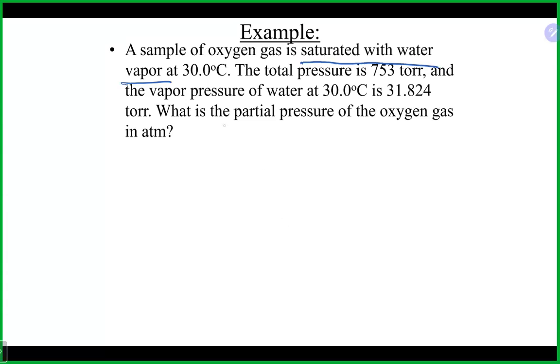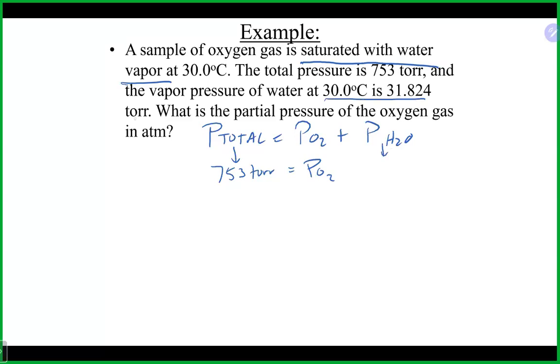So what we know in this case is the total pressure will equal the pressure of the oxygen gas plus the vapor pressure of water, as in this situation we're collecting both of these. We do have the total pressure given to us, which was 753 torr. We are interested in just the oxygen gas. The vapor pressure of water was also given to us in this problem.